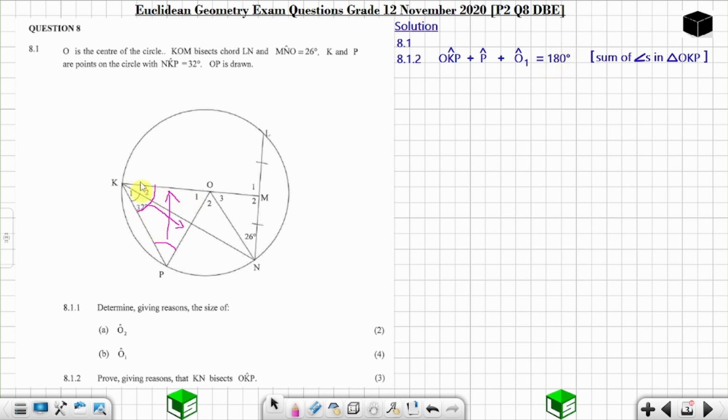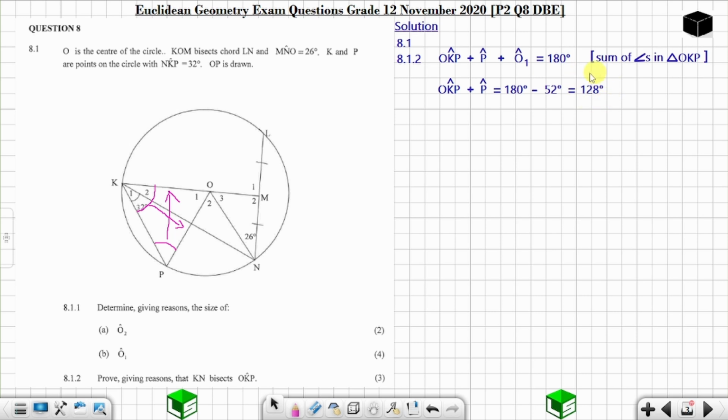So let's find the sum of the two angles that are equal. Angle OKP plus the angle P is equal to 180 degrees minus angle O1, which is 52 degrees, from the previous question. So angle OKP plus angle P is equal to 128 degrees.